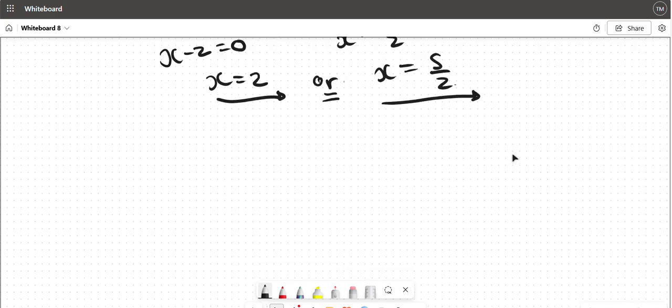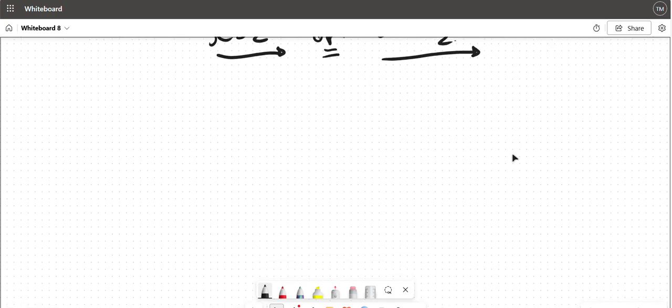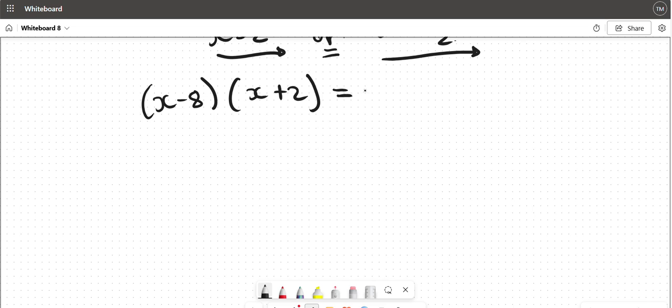All right, let's do one more where you kind of need to factorize it. So we're given this guy and we're given this guy in brackets, and they're all multiplying to give you -16.